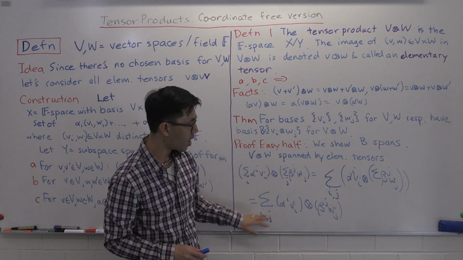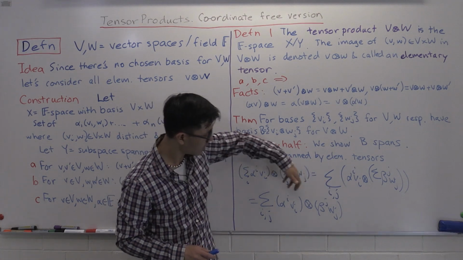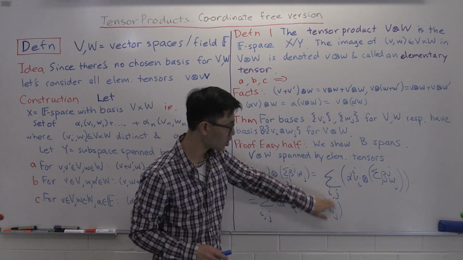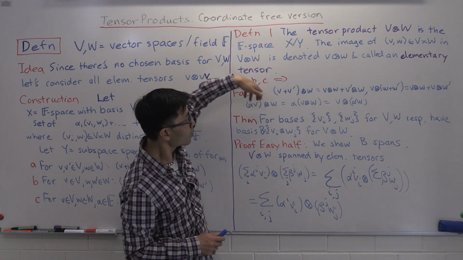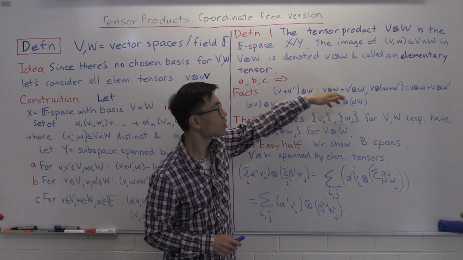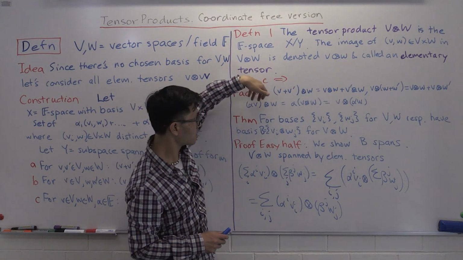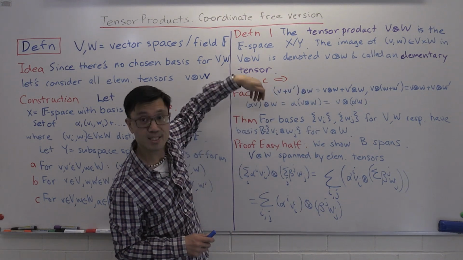So you have the sum over i, j of all these elementary tensors, alpha_i V_i tensor beta_j W_j. And now finally we use the last part here, which tells you how the tensor product behaves with respect to scalar multiplication.